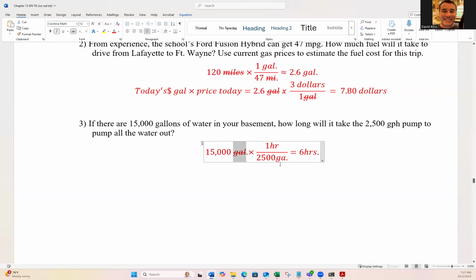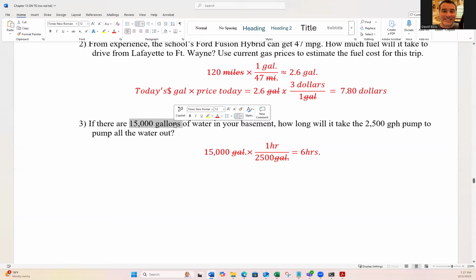So make sure that you do 1 hour over 2,500 gallons, because the only thing we want left is time. How long will it take to pump the 2,500 gallons? Or I'm sorry, how long will it take to pump the 15,000 gallons out?